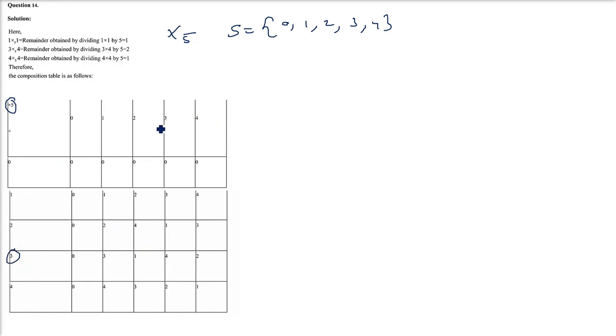So let us take 3 and 3. So 3 x5 3 is nothing but 3 multiplied by 3. That is 9. Now you have to divide it by 5 and take the remainder. So 5 ones are 5 and you get remainder as 4. Just put 4 here. Other values, I hope you will be able to do it.